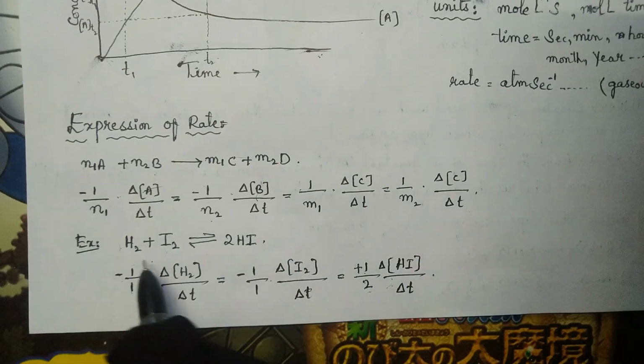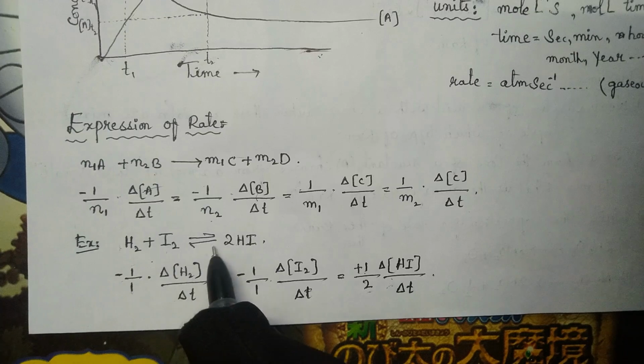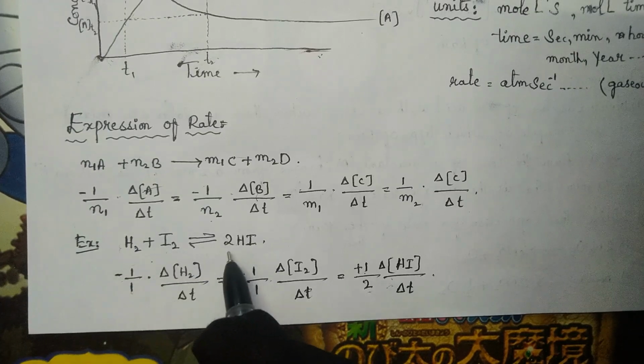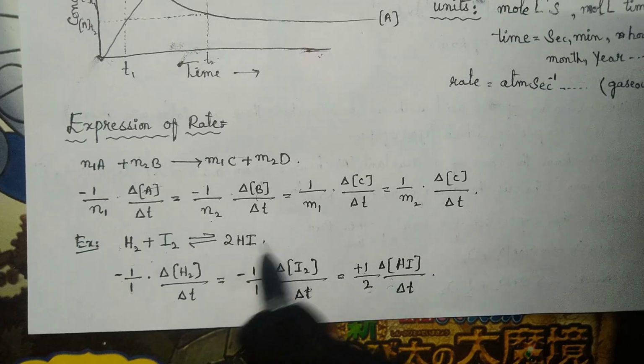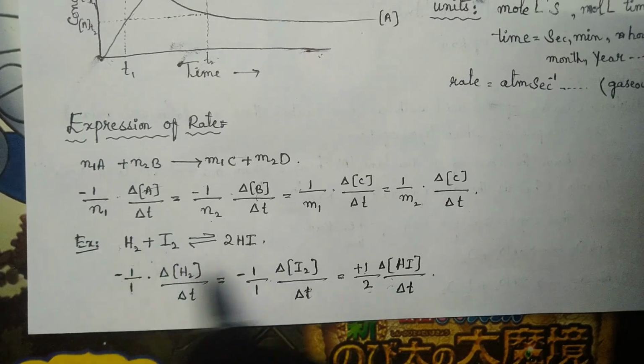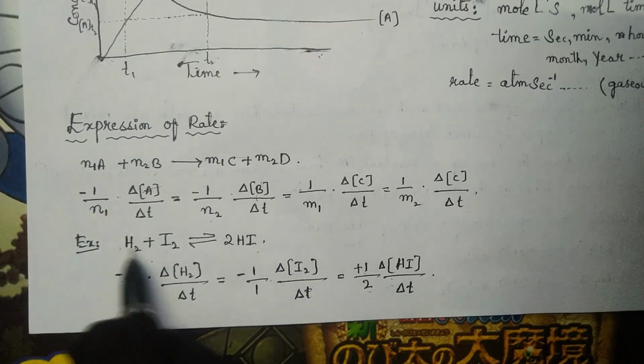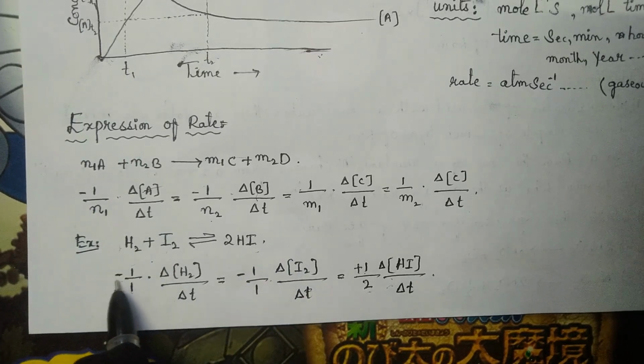So let us take an example. H2 plus I2 gives rise to 2HI. Here 1 mole of H2 plus 1 mole of I2 gives rise to 2 moles of HI. Then H2 and I2 are reactants, HI is our product. So H2 is reactant, so we have to write minus here.